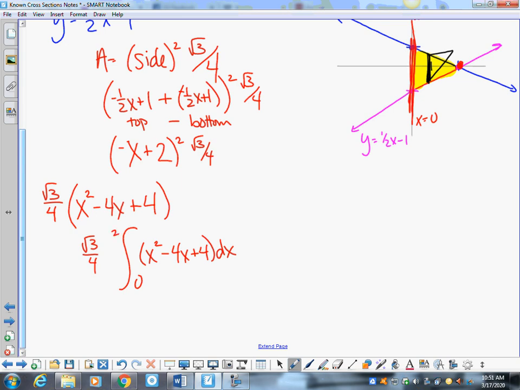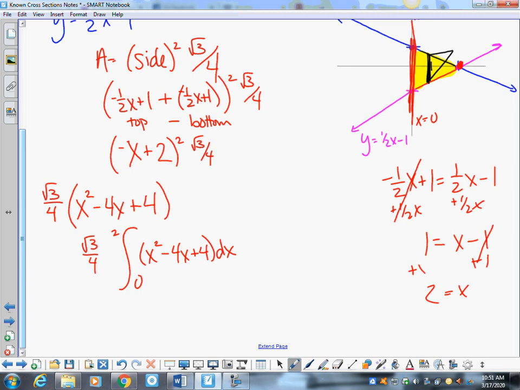If I was iffy about it, if I were to solve this, I'm going to add the 1/2 x over and then add the 1. And you can see that you get a 2.